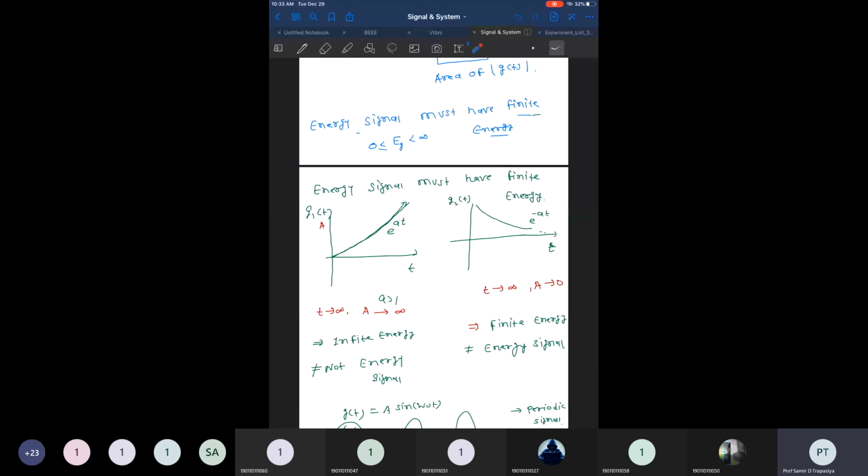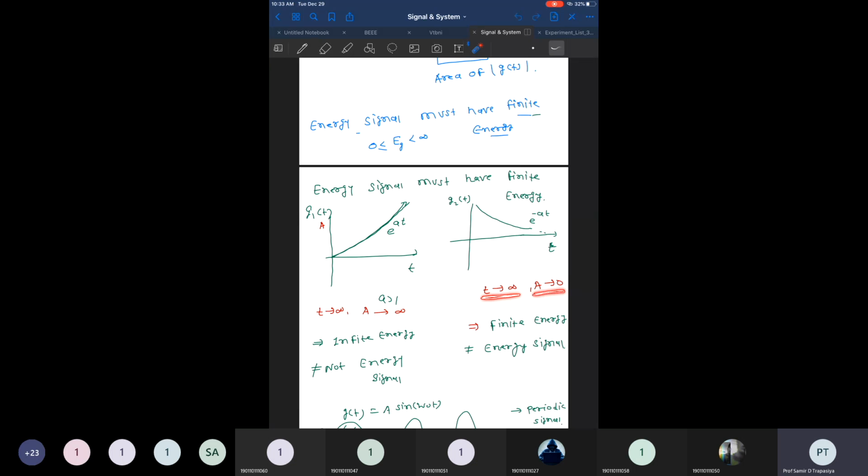And how can we say the signal has a finite duration? If any signal starts from somewhere and ends somewhere, we can say the signal has a finite duration. So for such a signal, as t approaches infinity, the amplitude approaches zero, right?